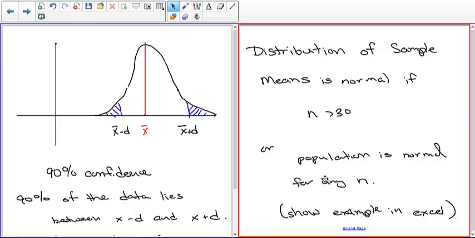So the procedure we're going to go through works under these circumstances. In the case that I just demonstrated, the population is normal, so I could use any sample size, and I used 13. Why I chose 13, I think it was just where I stopped dragging.